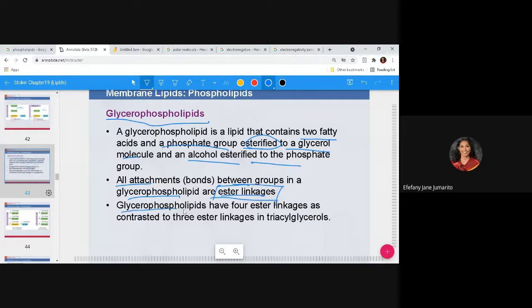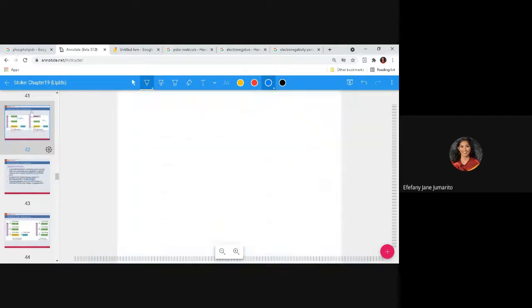Then we have glycerophospholipids have four ester linkages as contrasted to three ester linkages in triacylglycerols. Sorry, triacyl. So again, it has four ester linkages. Now let's go back.